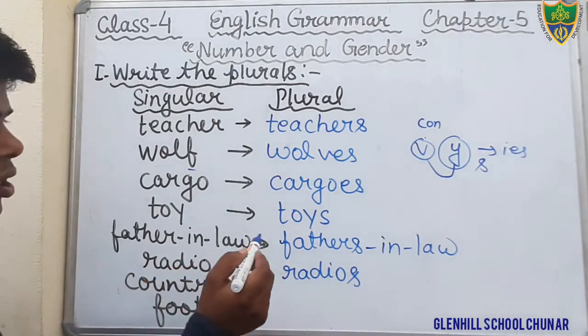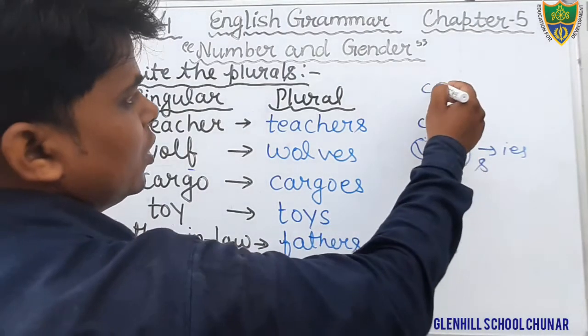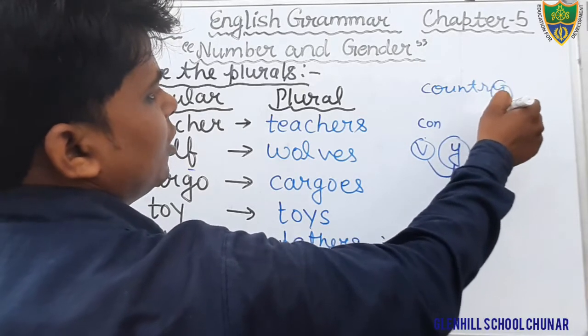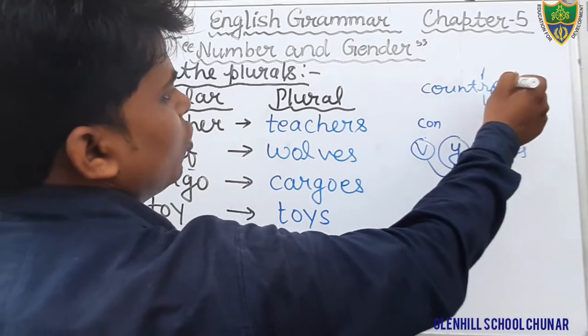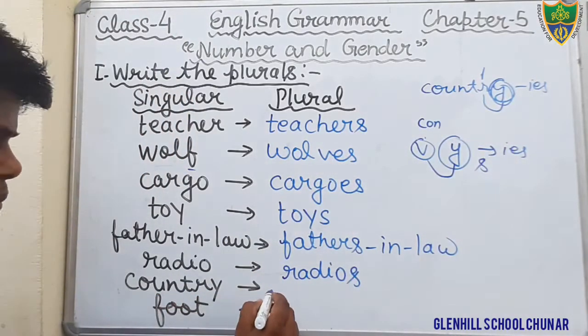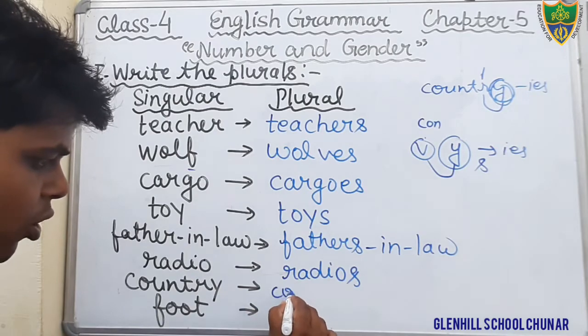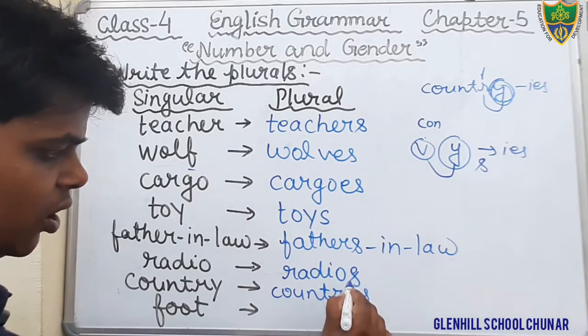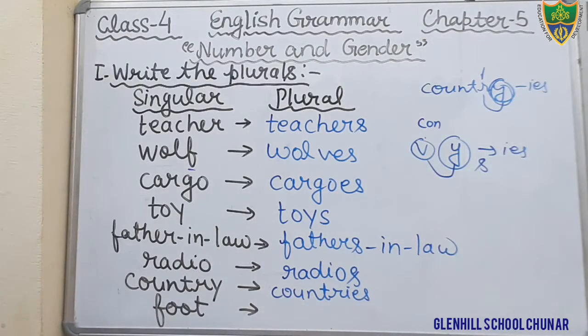Country is given here. The same thing is here. C-O-U-N-T-R-Y. And just before Y there is a consonant. So at the place of Y we will write I-E-S. So what would be the correct plural? C-O-U-N-T-R-I-E-S. Countries.